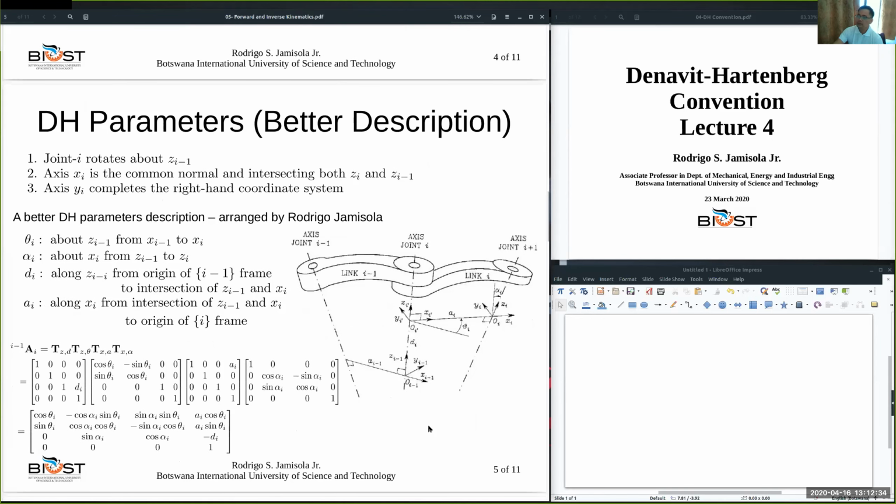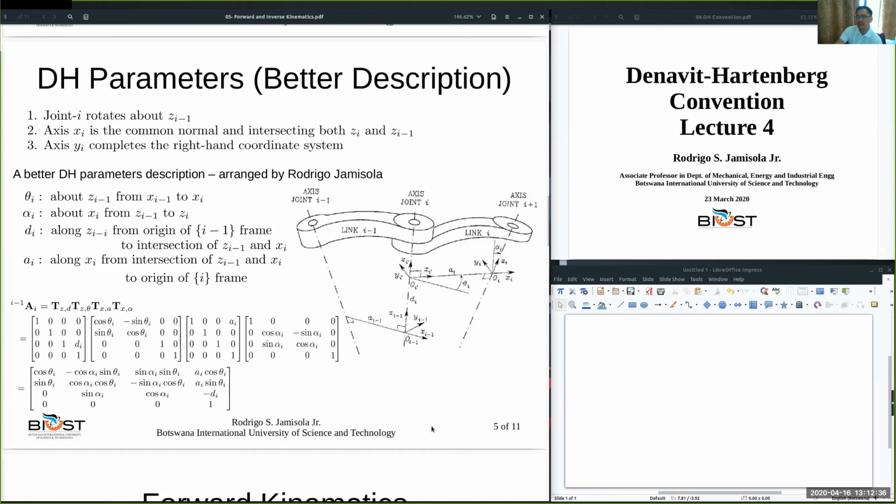Also, last meeting we discussed DH parameters. The DH convention, which defines the DH parameters, is a way of defining the relationship between two adjacent reference frames in a robotic arm or a chain manipulator.